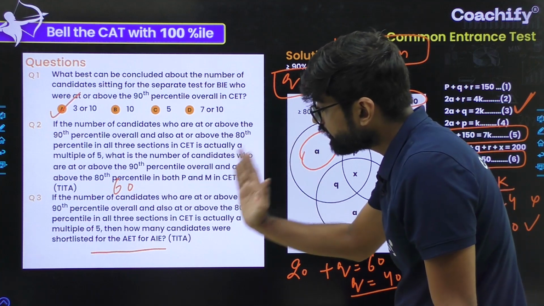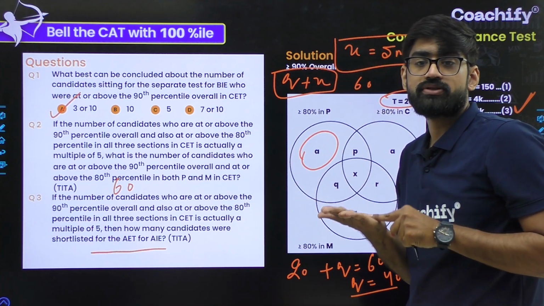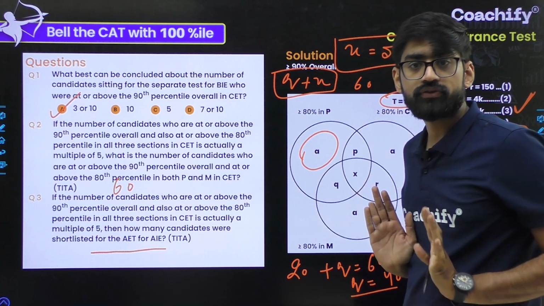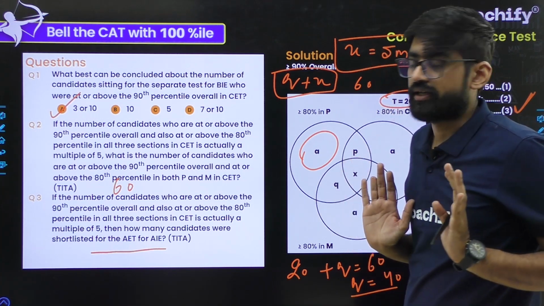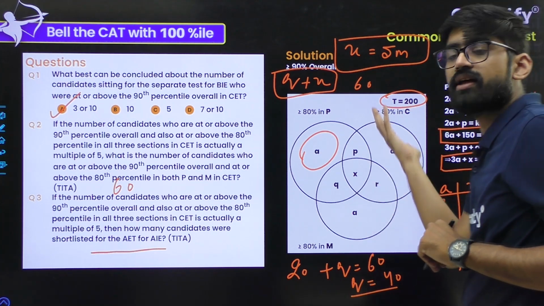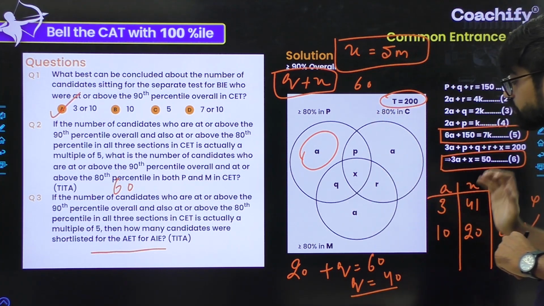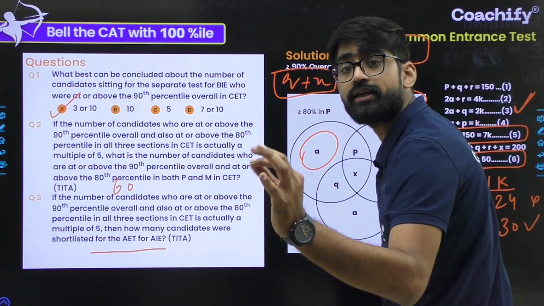Now, what was the criteria of shortlisting for AET? You must have at least 80 percentile in at least 2 sections out of the 3, right? And your overall percentile should be at least 90. This was the criteria. So obviously, if I am talking about these candidates, their overall percentile is at least 90, right? So now I have to think that in at least 2 sections, I must score 80th percentile.